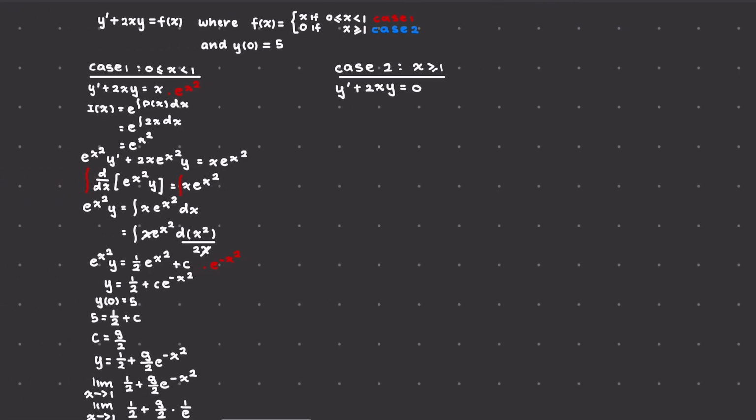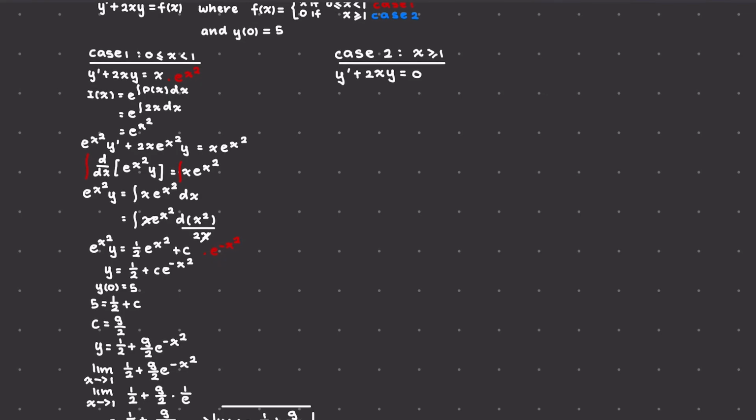And so solving this, we can use also linear, which we're going to find our integrating factor again here, which our integrating factor is e to the integration of p(x) dx. Or actually, we can use separable at this step.